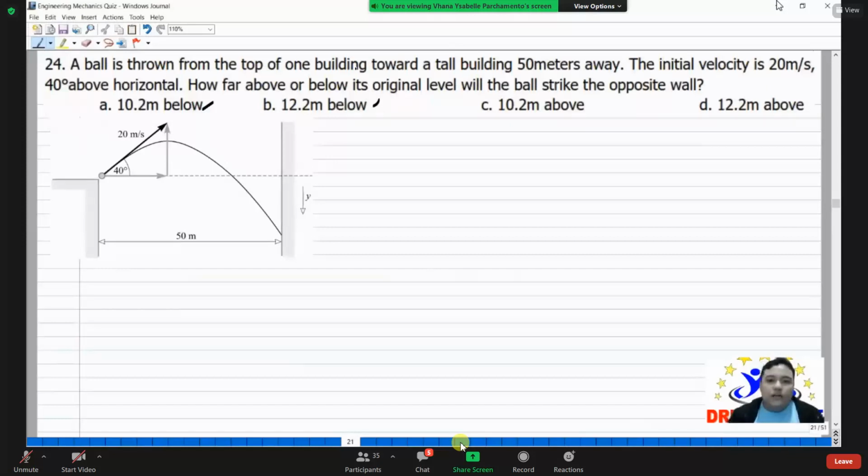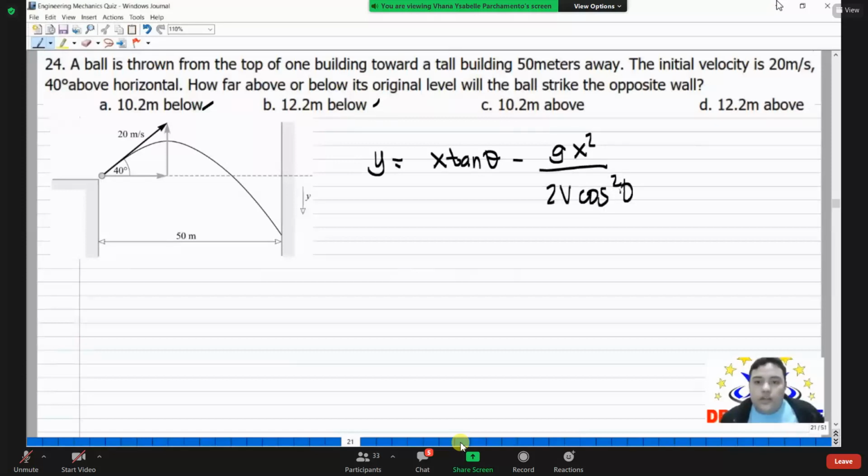So we use our general equation of the parabola, since there is no time. y is equal to x tangent theta minus gx squared all over 2v cosine squared theta. That is by GEP. x is equal to 50, since that is where it will strike.